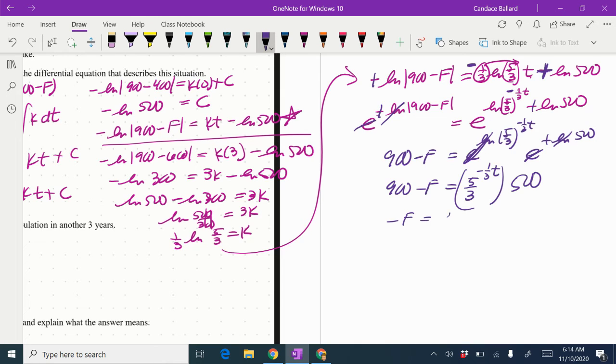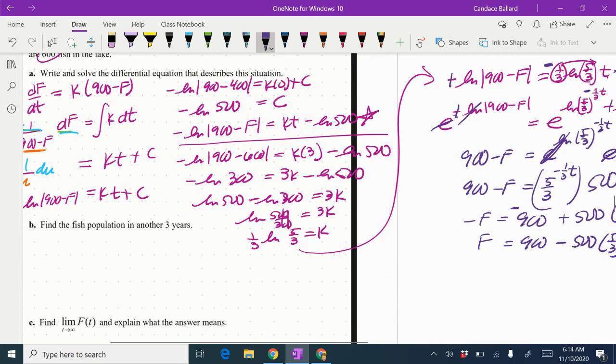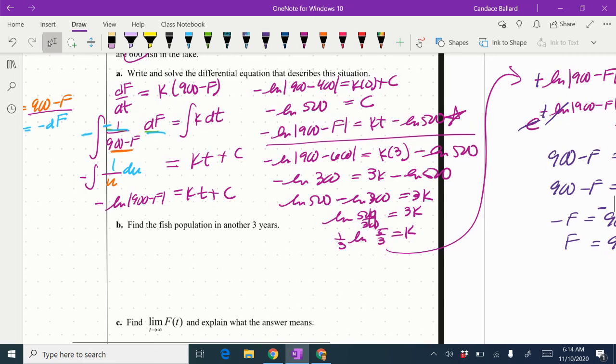So we get negative f equals negative 900 plus 500 times 5/3 to the negative 1/3 t, or negative t over 3. And then I'm going to swap my signs because of the f. So f equals 900 minus 500 times 5/3 to the negative t over 3. So there's my f. We have the equation now that describes it.